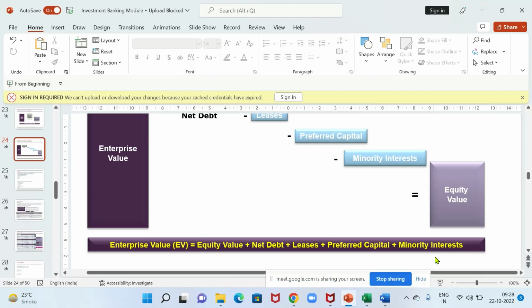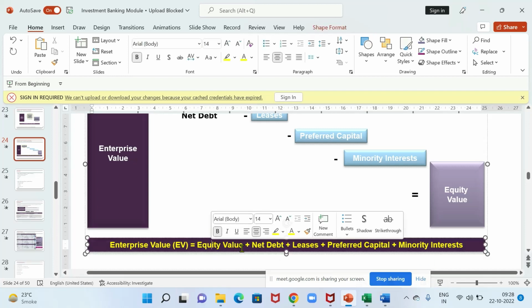There should not be any confusion. Equity value we have discussed in detail. Net debt, leases, preferred, minority, and less associates, investments in associates.